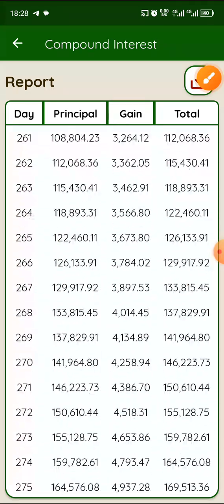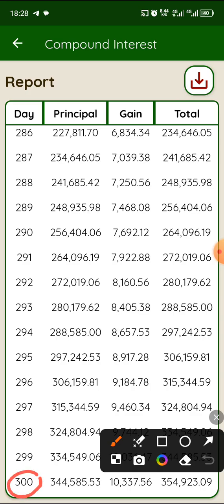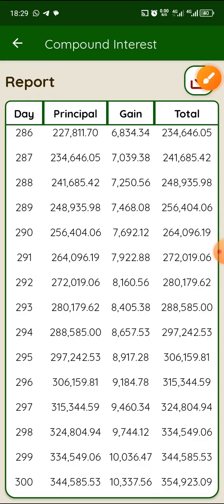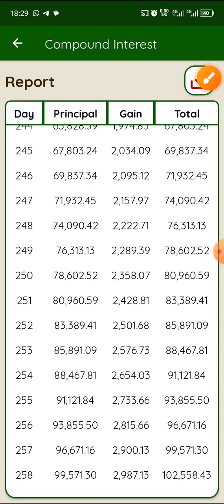And by the moment you complete your 300 trades while following the principle or the discipline of compounding, this will be your capital, $344,000. And on your trade, you'll be able to earn $10,000, if only and only you stay focused and follow the principle of compounding your capital. Our goal is somewhere here.